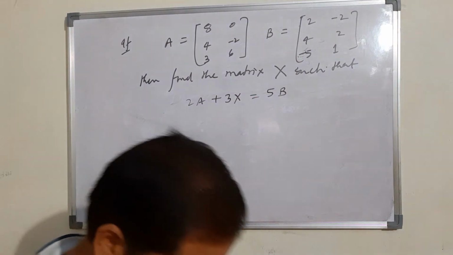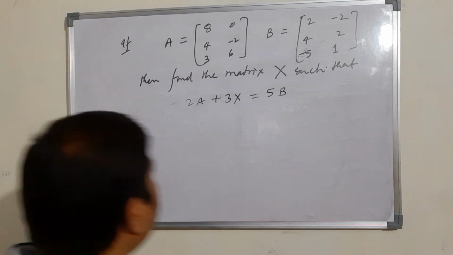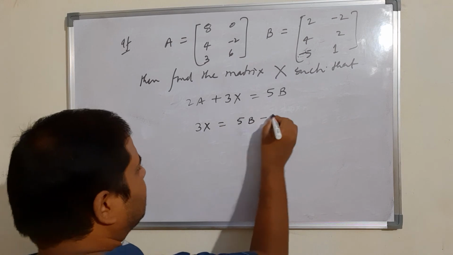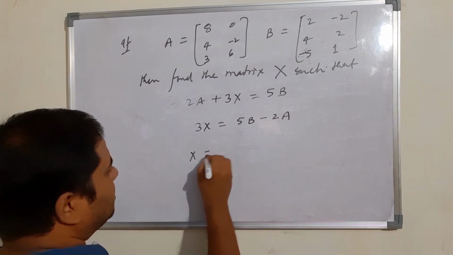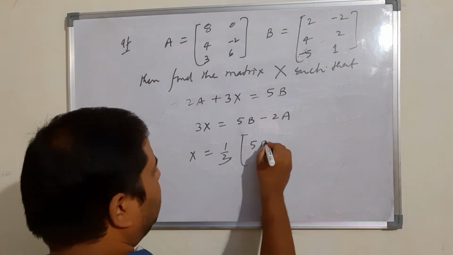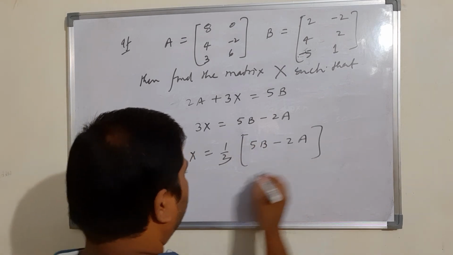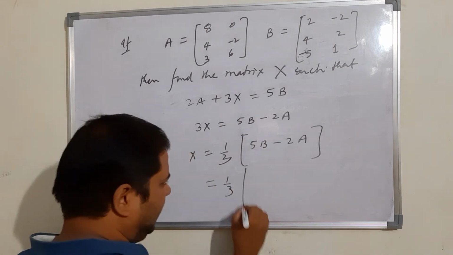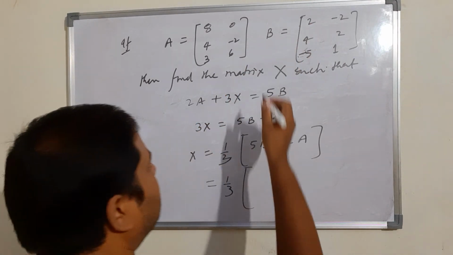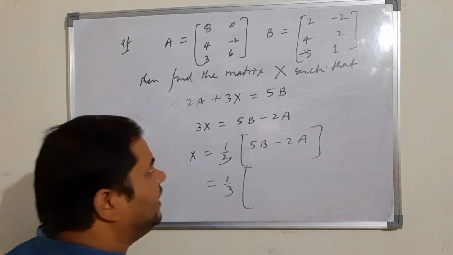Now see here, 3X is nothing but 5B minus 2A, and X is nothing but 1 upon 3 of (5B minus 2A). So 5 times B means each element of B should be multiplied by 5.